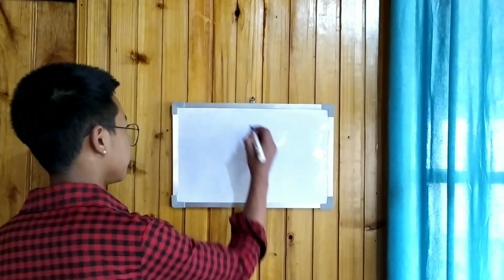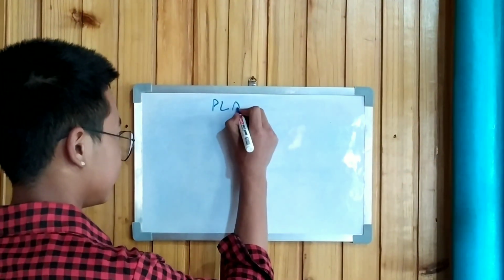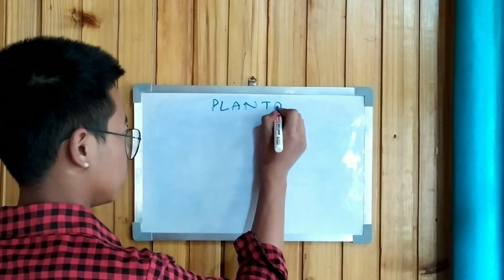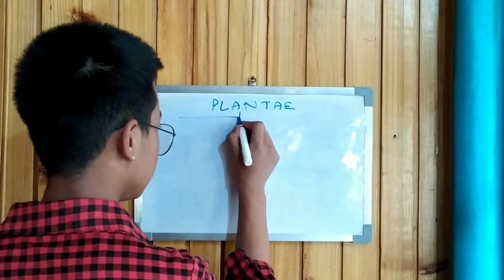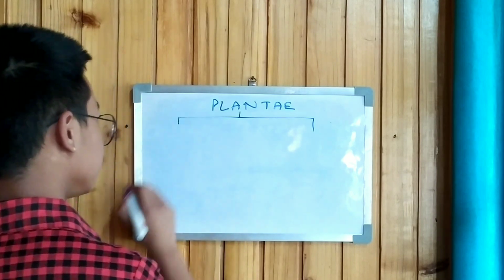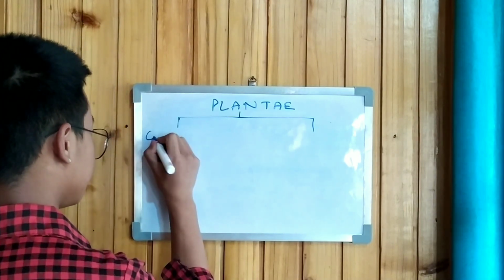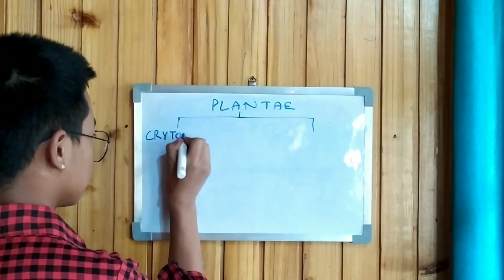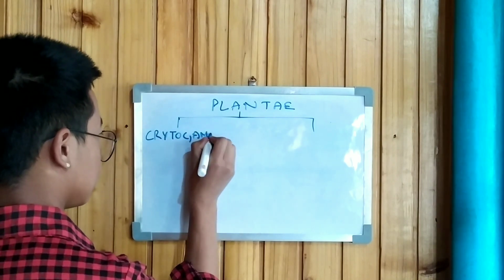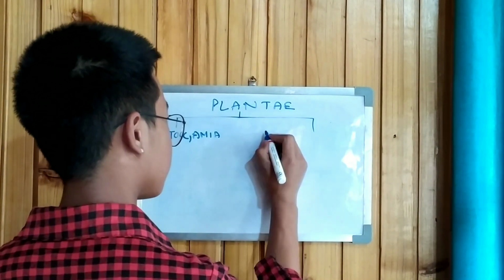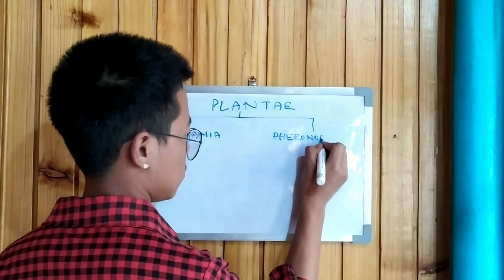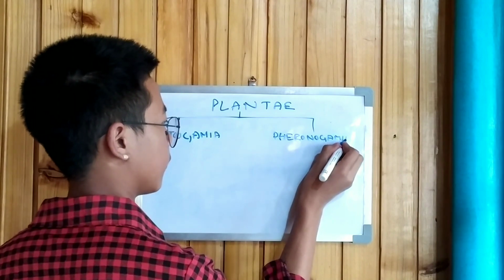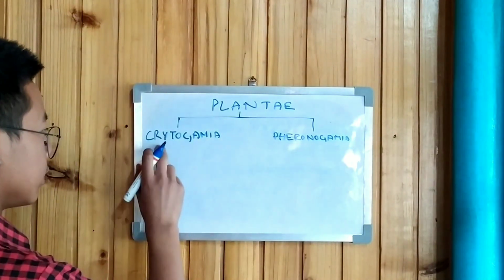So talking about its hierarchy, they fall under the kingdom Plantae. The kingdom Plantae is divided into two phyla. The first one is Cryptogamia and the second one is Phanerogamia.